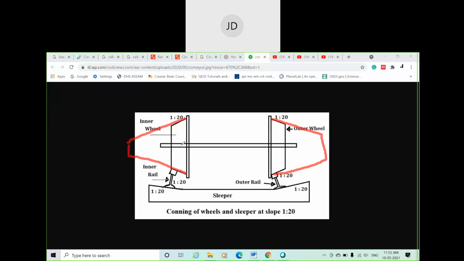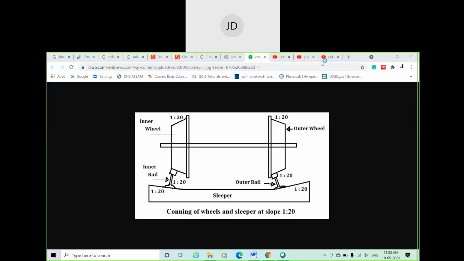But along with that, some disadvantages also come. Suppose we are giving a vertical rail. Can you see the extended, inclined part of the sleeper here? It is provided to install the rail in such a way that it becomes inclined in a slope of 1 in 20. So I'll draw again.